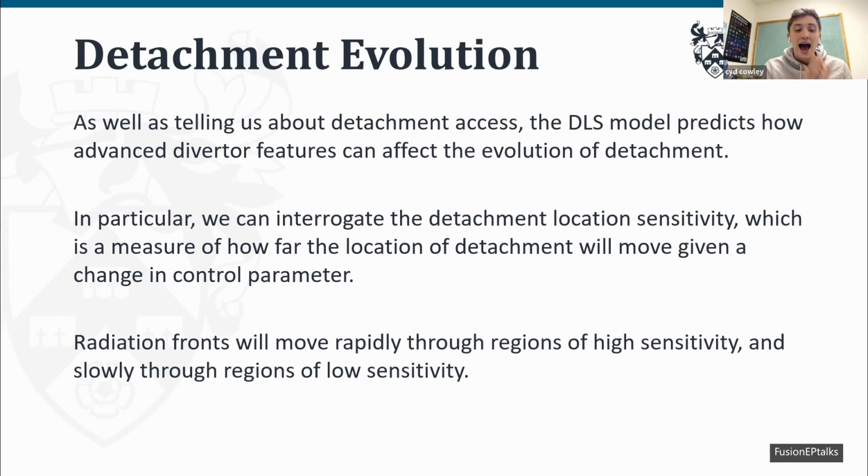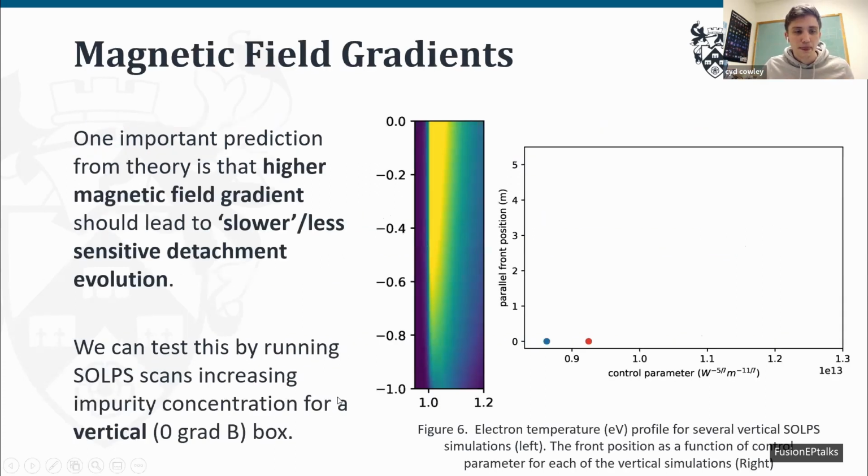And that just tells us how far a radiation front, a detachment front will move given some change in your control parameters. So if you increase impurity injection by 2%, will detachment change by a lot or a little? Will the front move a great deal or not? And regions of high sensitivity mean that it moves very suddenly, and low sensitivity means it moves quite slowly with respect to changes in the plasma.